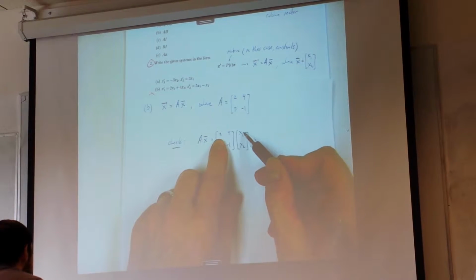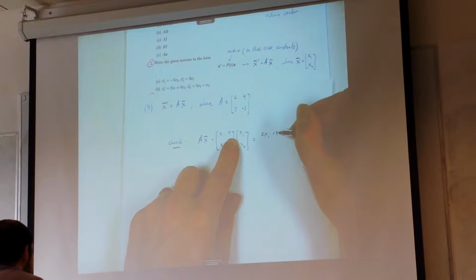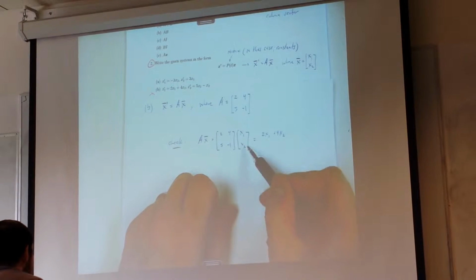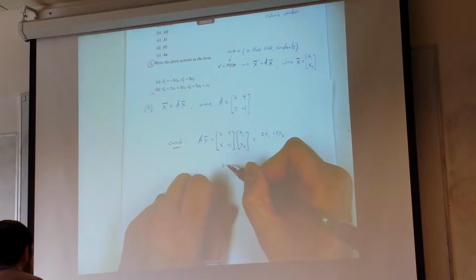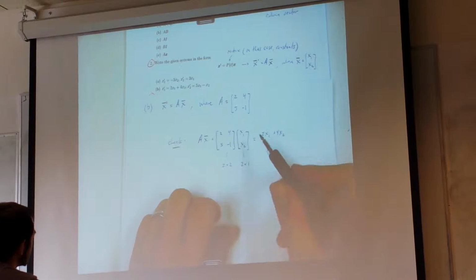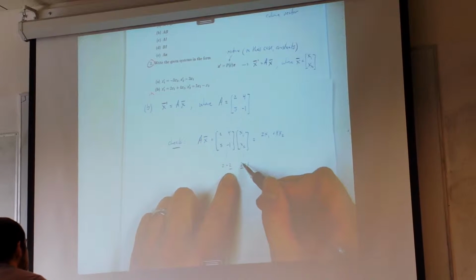We get 2x1 plus 4x2. And since this is a 2 by 2 matrix multiplied by a 2 by 1, you can think of a vector as a 2 by 1 matrix. And since those match, the number of columns of this one and the rows of this one, they can multiply.